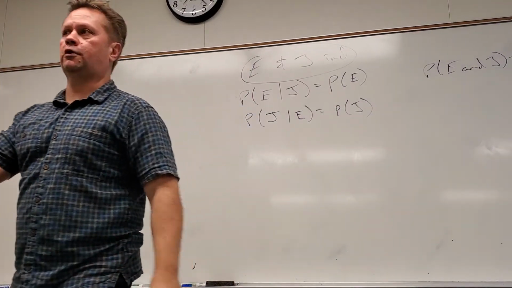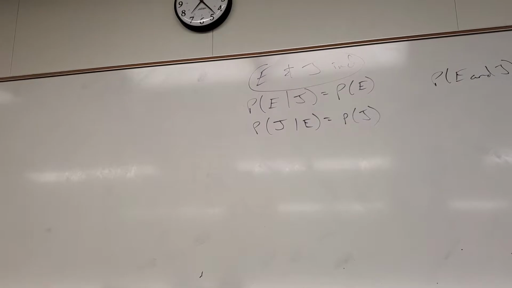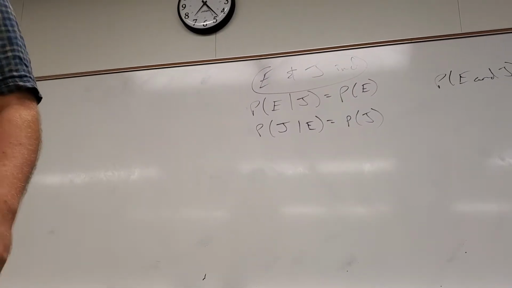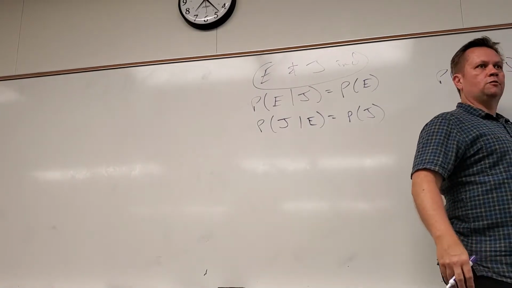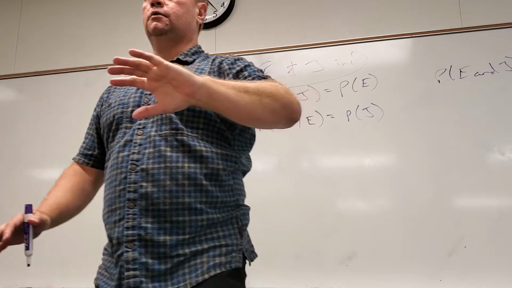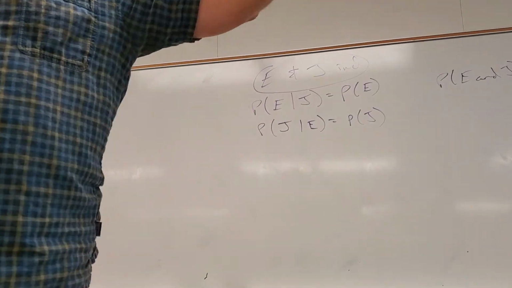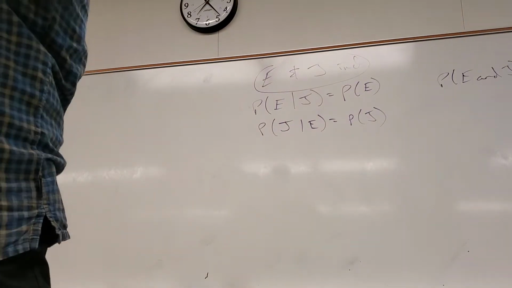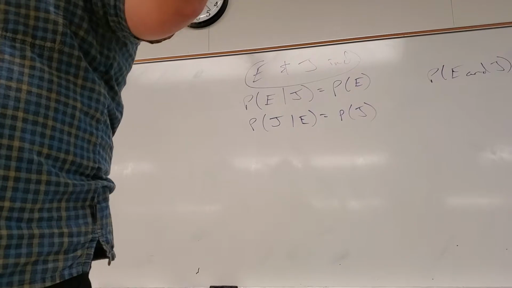The only time you just directly multiply two probabilities to get the AND is if I know they are independent. Why? Because if they're independent, this stays the same as what it was before I knew that. That's why AND is basically multiply, because there might be an adjustment, unless I know they're independent, or OR is basically add, because there might be an adjustment, unless I know they're mutually exclusive.